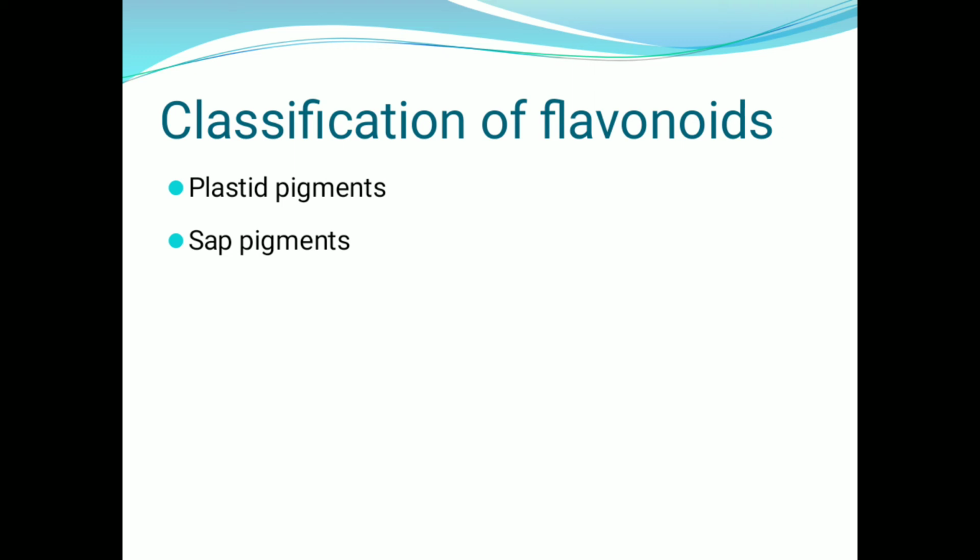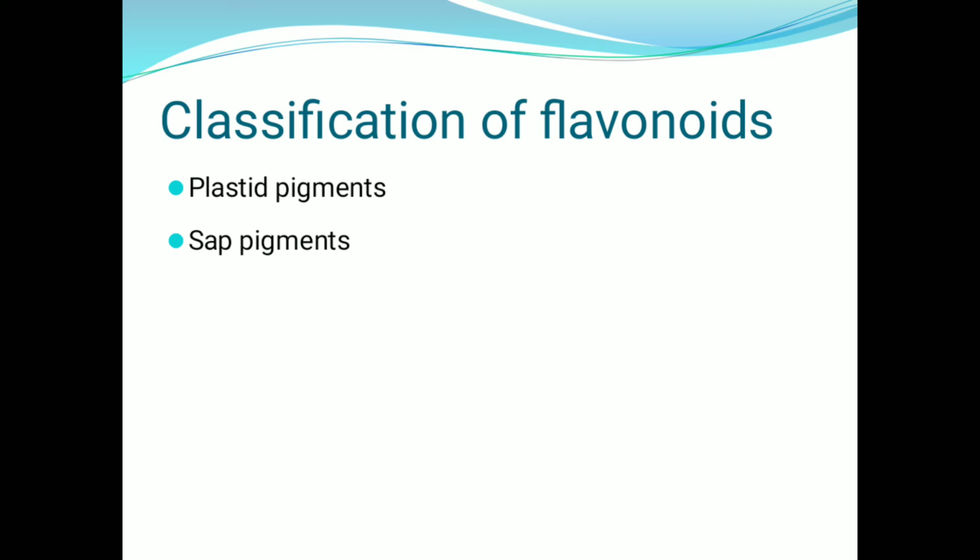It helps maintain the shape of the cell. Sap pigments have no relation with the metabolism. These sap pigments can act as pH indicators.